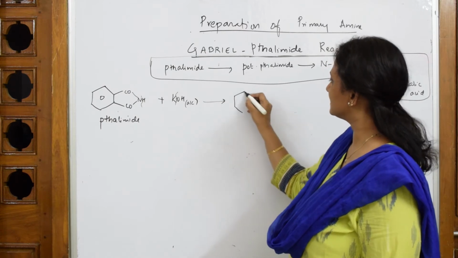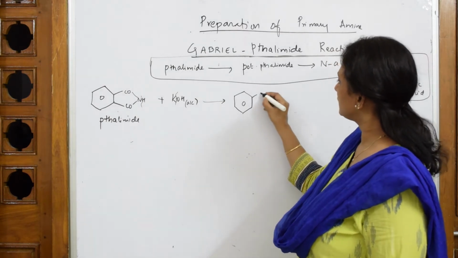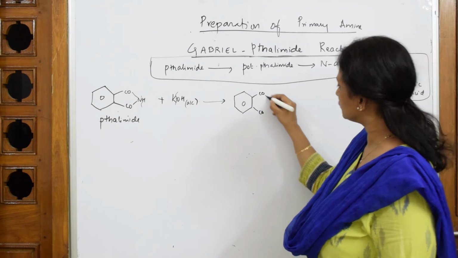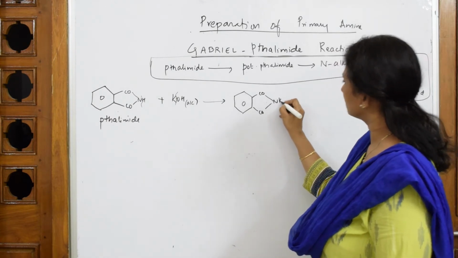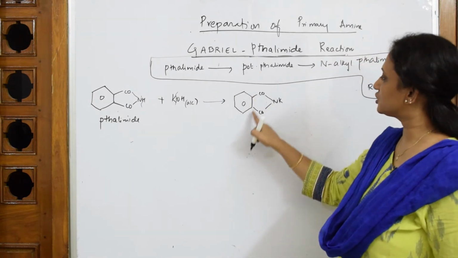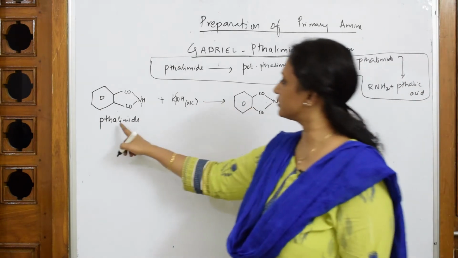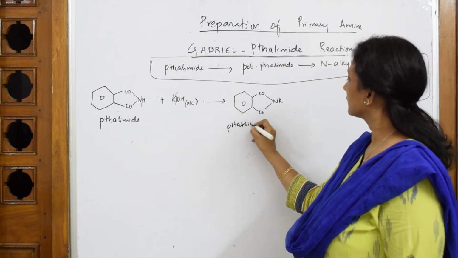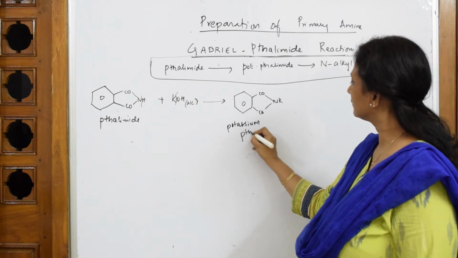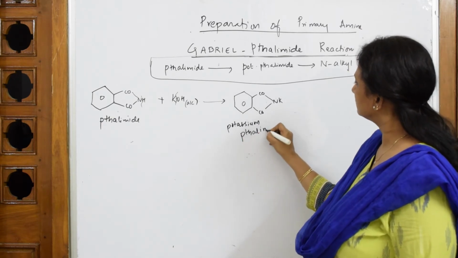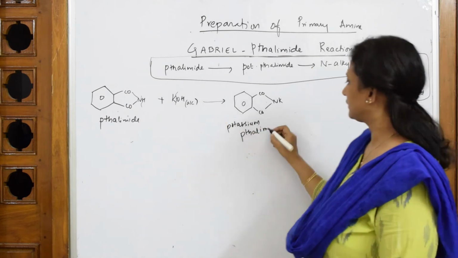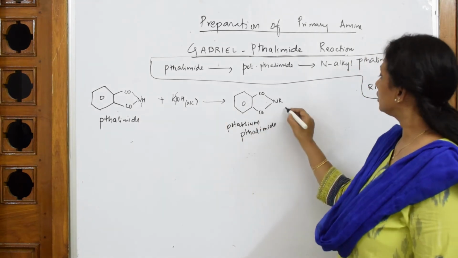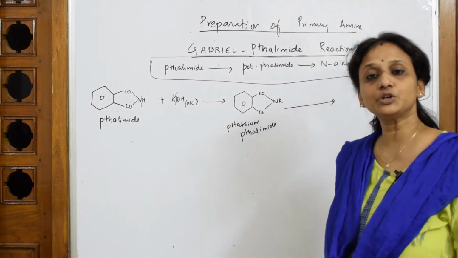I get one benzene ring, CO here, again CO, join this with NK. Now what is this compound? Potassium phthalimide. Let us write, I've written phthalimide here. So this is potassium phthalimide, because NH phthalimide, done.